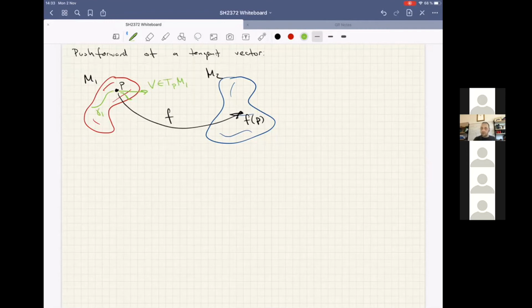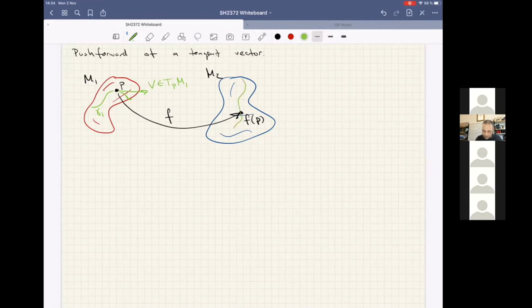Since this point P here corresponds to the point f of P in M2, this curve gamma 1 is a set of points on M1, so I can map those points to M2, which will give me a curve.